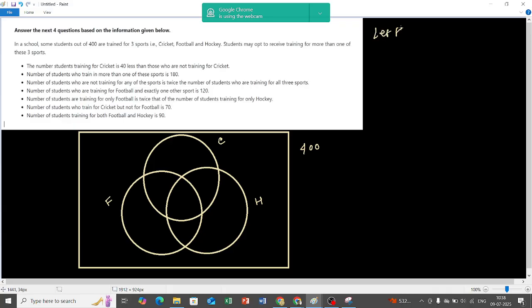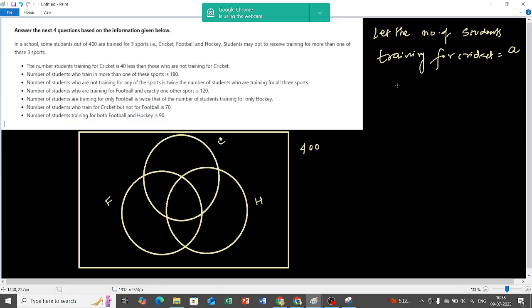Let the number of students training for cricket be, say for example, I am taking this variable as a.